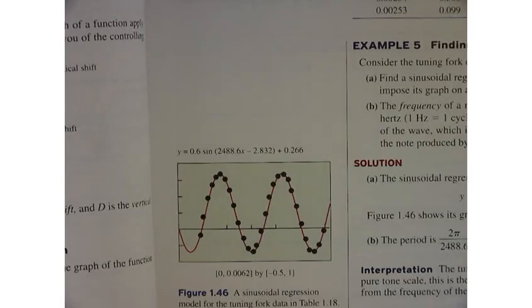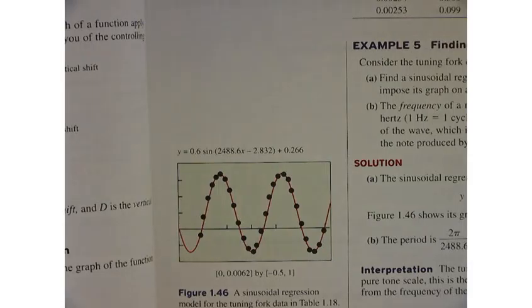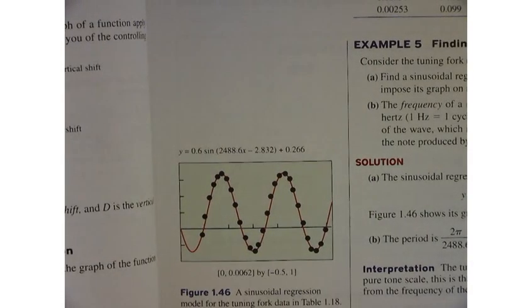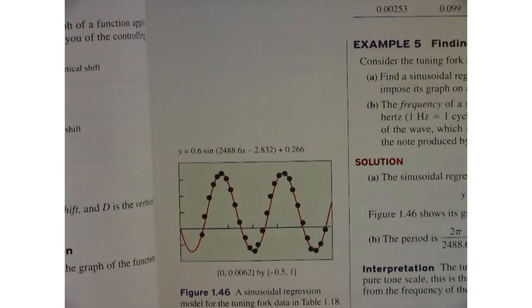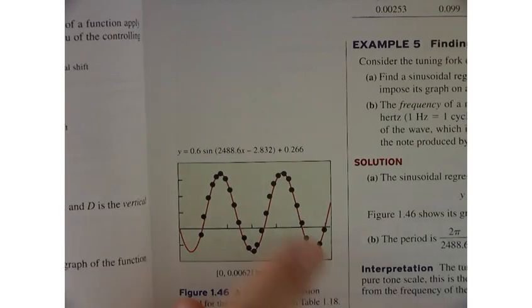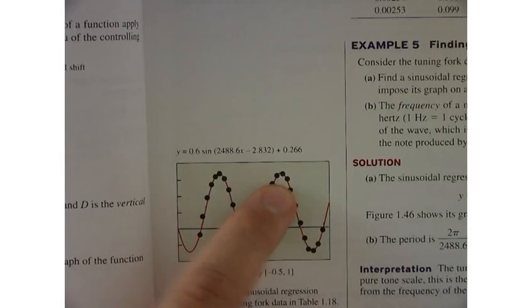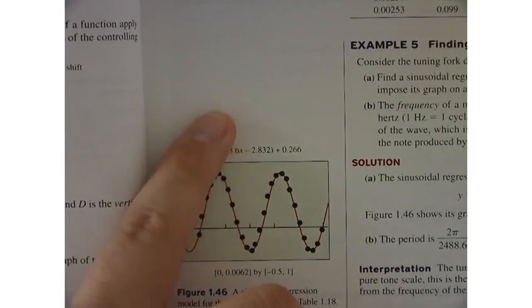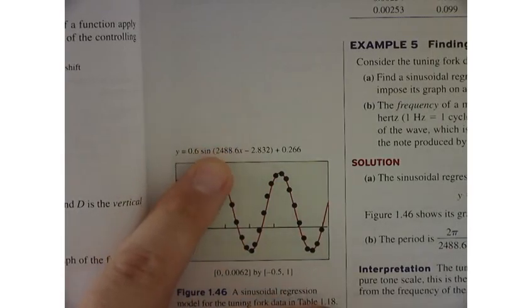So we could use this information to reproduce the sound of the tuning fork. In fact, an electronic tuner just collects this data and matches it up to what the note is supposed to be based on the frequency. So what we want to do is a regression of this data. If we plug this in the calculator, we can make a sine model based on the sine function.